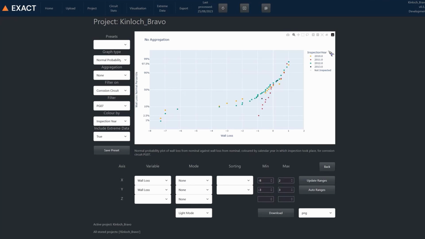So we can say that, based on past performance, we can have really high confidence in the behavior of this corrosion circuit. And given that even if we were to take a half-life approach, even a quarter-life approach, we would be well into the decades, we could potentially be doing without inspecting this corrosion circuit at all, if, and only if, its behavior remains consistent. And that is where alert comes in.